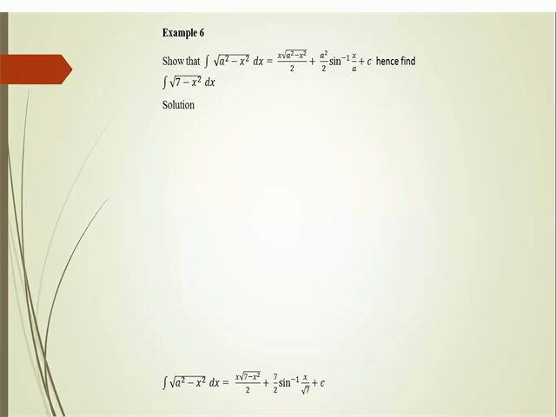No, you are not using tan. I've told you, when you have an expression like that, where you have a squared minus s squared, what you are using is x equals a sine theta. That is what you are using.